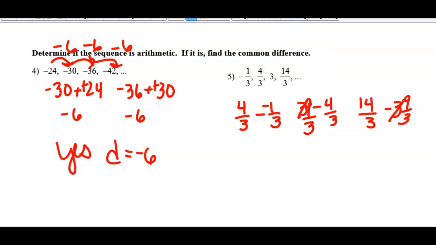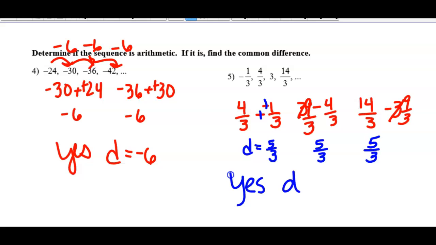And then if you look at this, you get a difference of 5/3. Here you get a difference of 5/3, and here you get a difference of 5/3. So this is yes with a difference of 5/3. So any term, take away the previous term, should give you the difference.